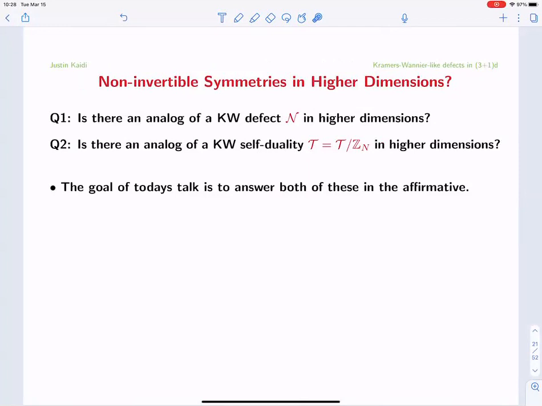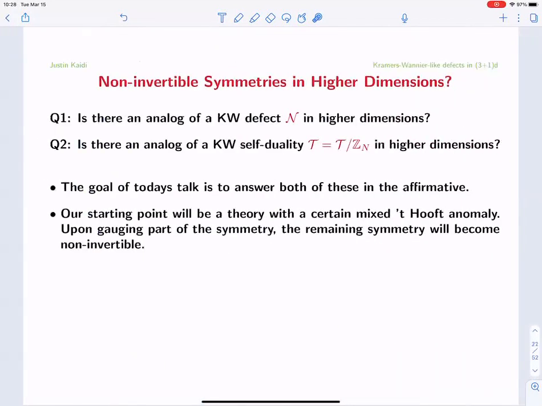All right. And so what is going to be the general philosophy, the way that we're going to approach this question? Well, our starting point will be to consider a theory with a certain mixed 't Hooft anomaly. Let's say I have symmetries G and H, and they have an anomaly. I'll then gauge part of the symmetry, let's say H, and I'll show that if the 't Hooft anomaly was chosen correctly, then G will become a non-invertible symmetry of Kramers-Wannier type.